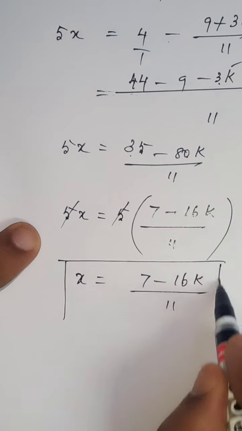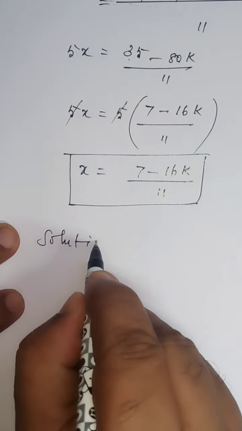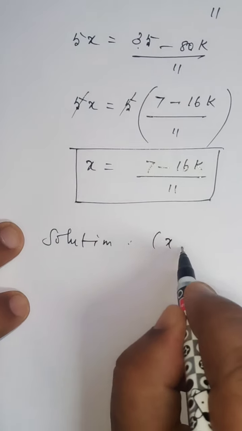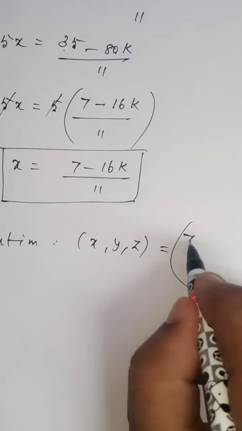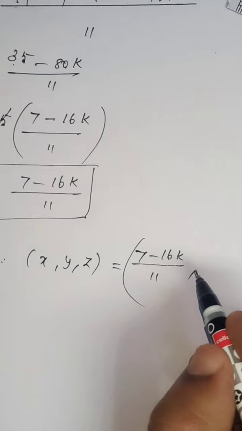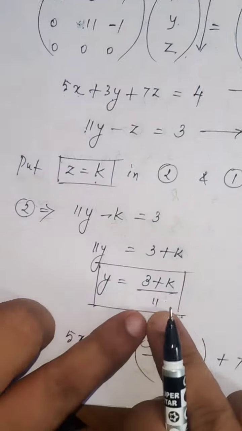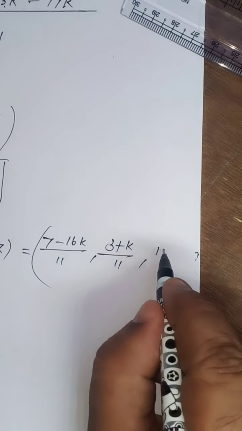Now we got the value of x also. Finally write the solution. Solution, x comma y comma z, that is equal to x that is equal to 7 minus 16k by 11 and y that is equal to, here it is 3 plus k by 11, and we considered z as k.